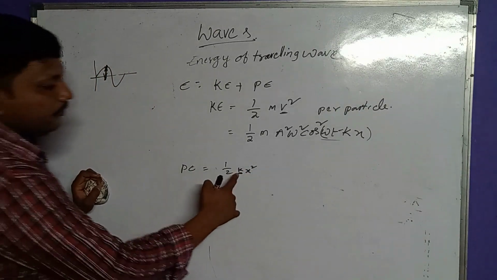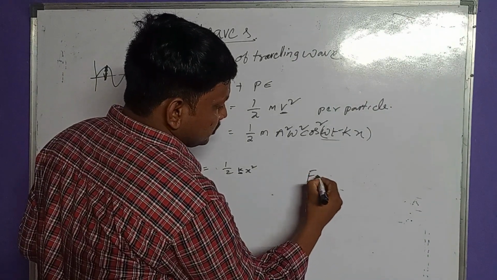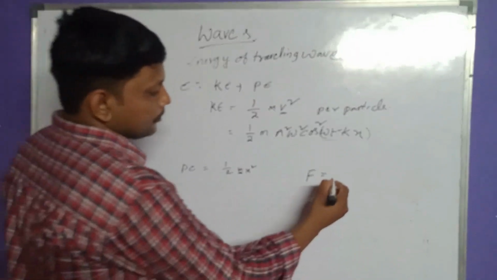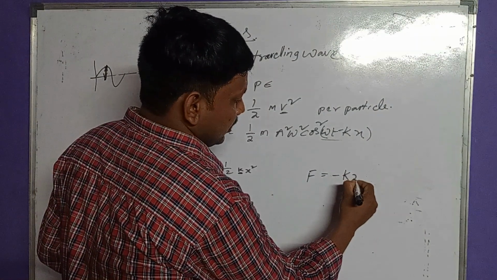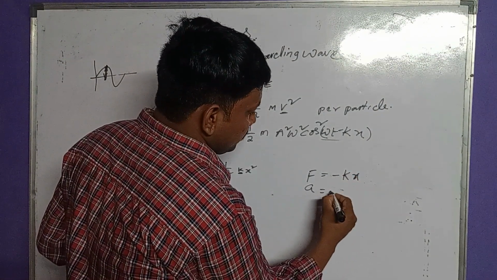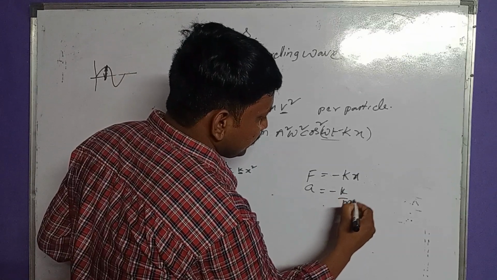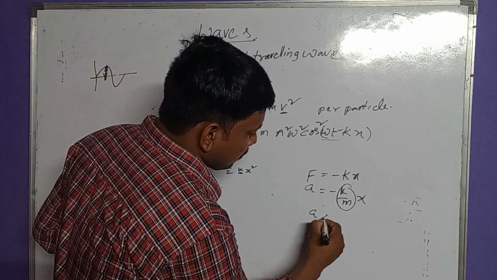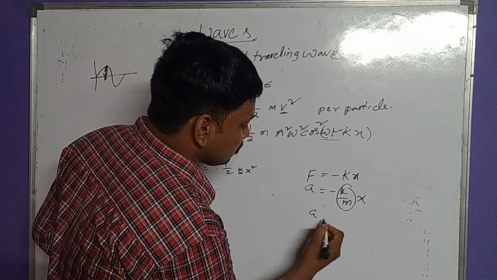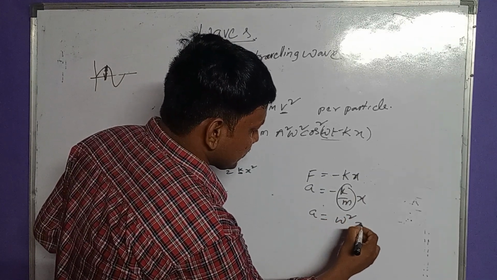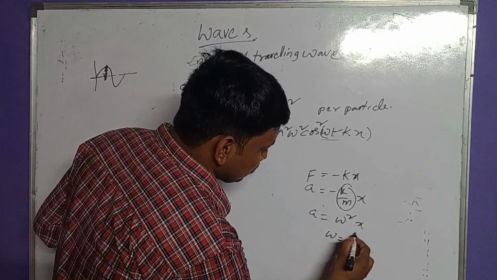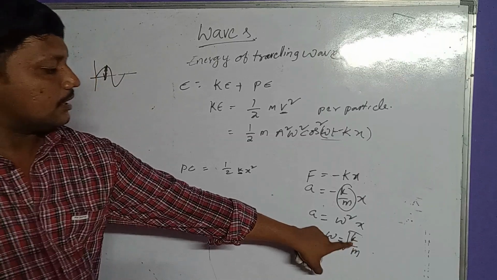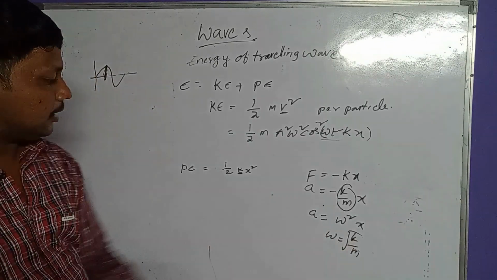This k we get from the force in the elastic medium, which is minus kx, right? a is equal to minus k by m into x. This is proportional, a is equal to omega square into x, right? Omega is equal to square root of k by m. This is the k, spring constant.